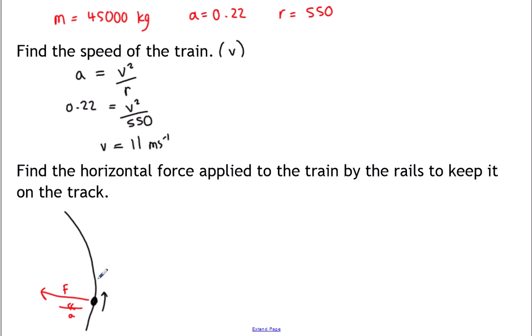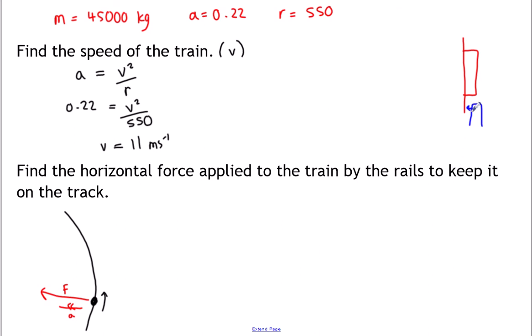Where does that force come from? Well, it's the rails rubbing against the side of the wheels. I don't know if you've ever seen a train wheel. It sort of looks like that, and the track is there, and it pushes sideways on it.